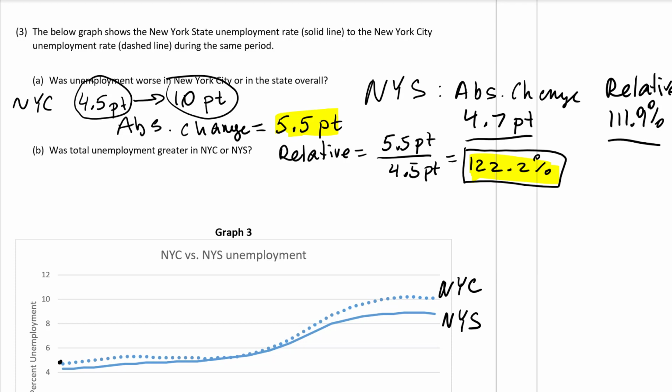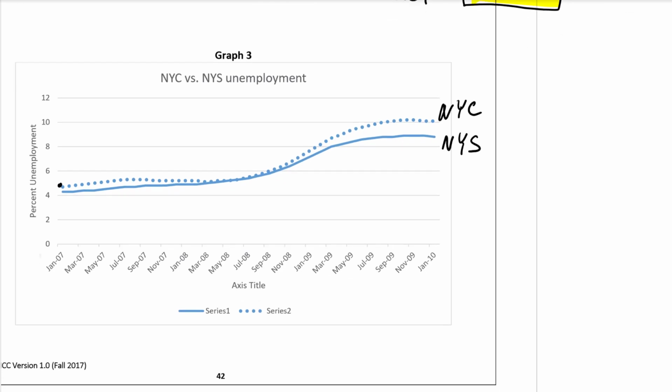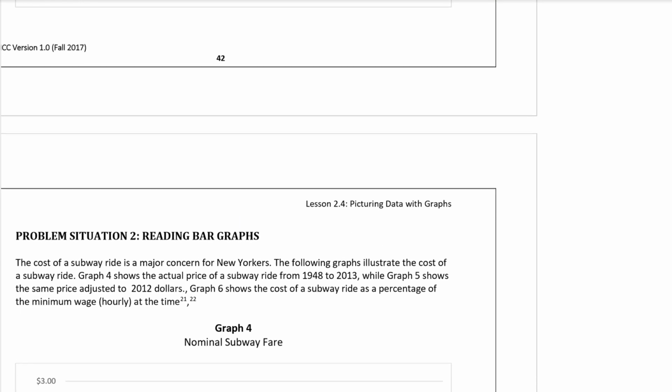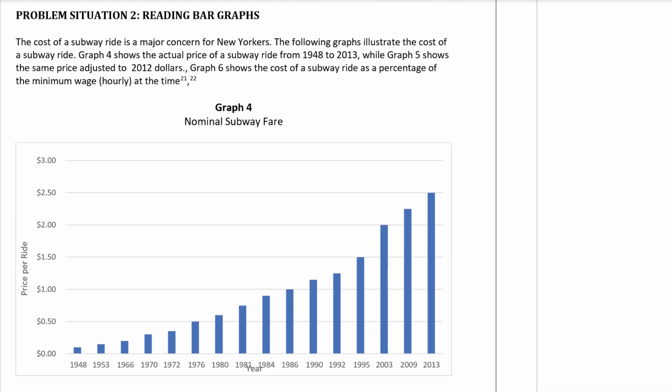Anyway, the point of this question was to review the absolute and the relative change, and read it from the graph, and also understand that the scale can be deceiving. So the more refined the scale, the easier it is to interpret the graphs, and it's easier to see the change.